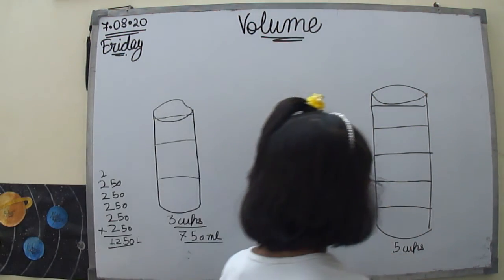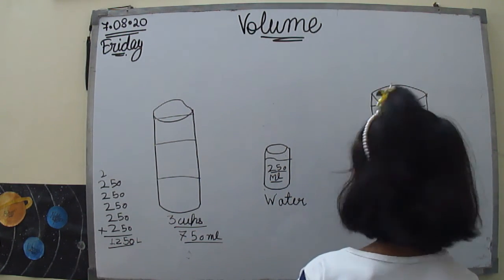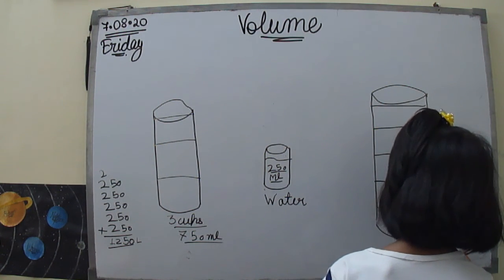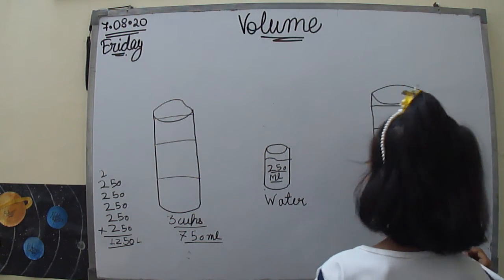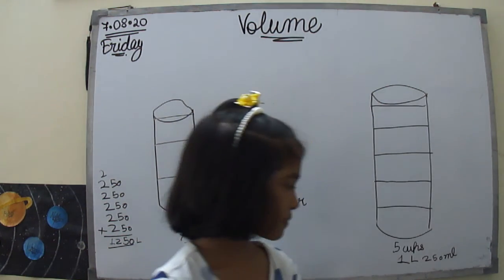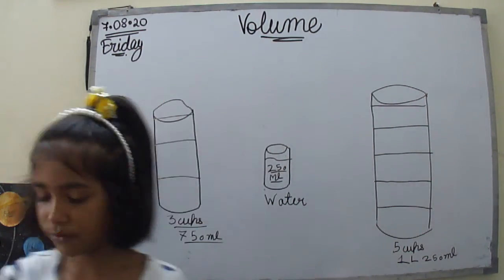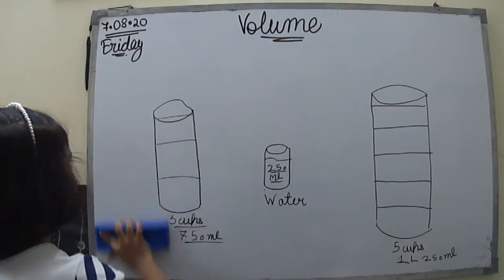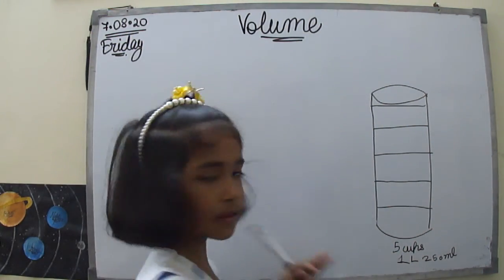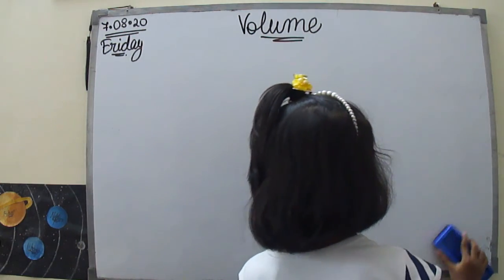So we write over here 1 liter 250 ml. So I think you should be clear with this also. How to compare the capacities: we can find the capacity like this and then compare it.